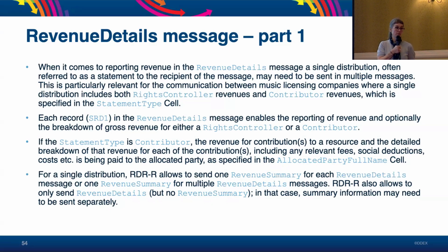So two different sets of revenues, which now cannot be really mixed up in one message. It was previously possible to do that in one message in that very nested way in the various records. Now you need to send one message for one set of revenues and one for another. And very often it depends who you're sending it to. Obviously, the rights controller would not want to receive a detailed message with statement type contributor.